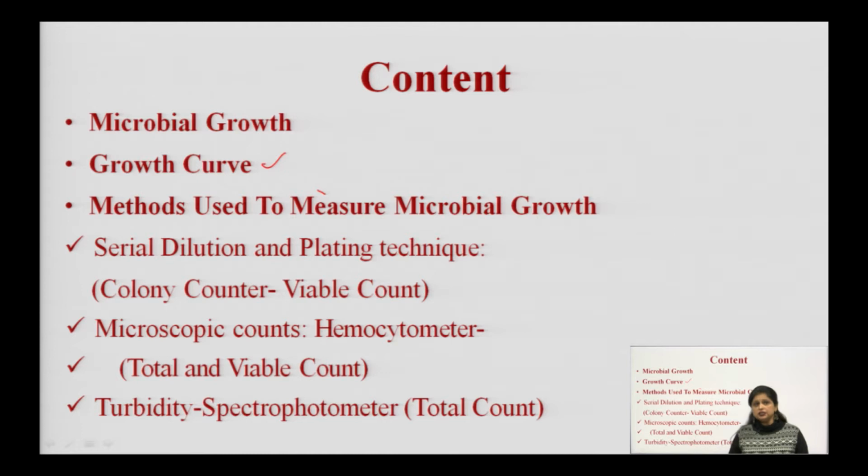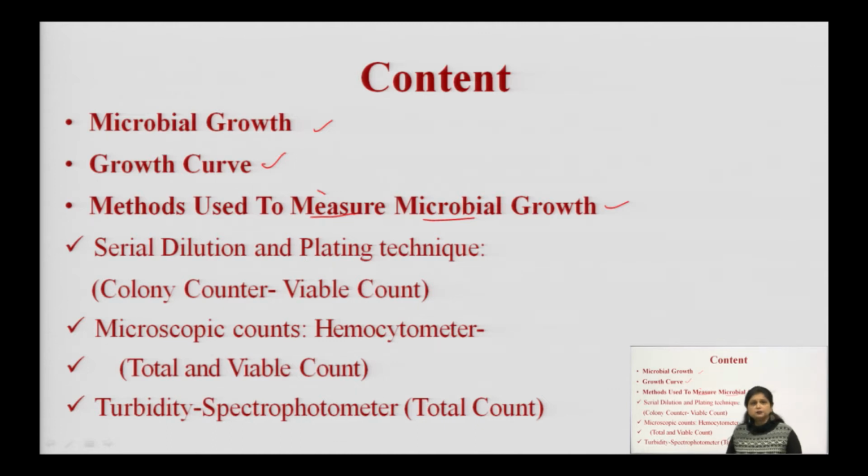I will cover microbial growth and how that growth takes place, and after that the methods used to measure microbial growth: how we can determine the amount of microbes, how many bacterial, viral, and fungal species there are within the culture. So, how can we determine the microbial count within any culture media?